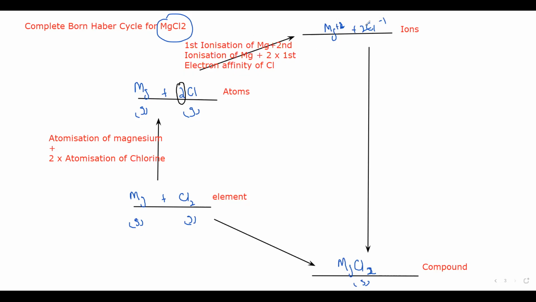As you can see, we are producing two chloride ions with a charge of -1. When one chloride ion is produced, it's called first electron affinity, and we are producing two, so that's why it is multiplied by 2.